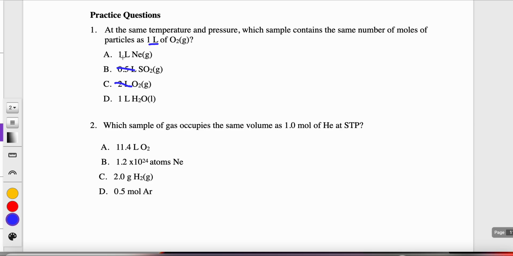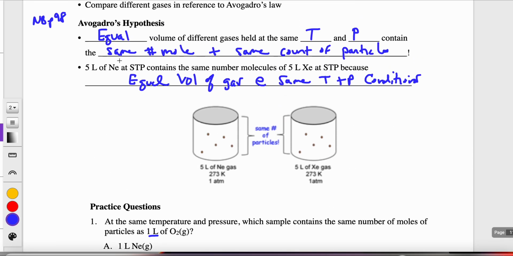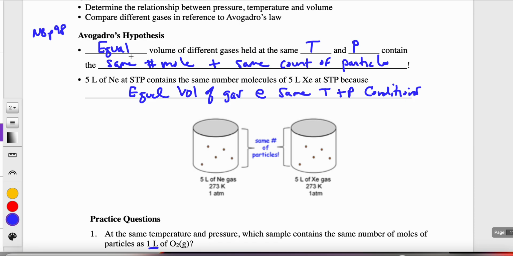So when you have 2 answers that look like they could both be legit answers, you've got to take a look at all of the other information. So Avogadro's hypothesis says equal volumes of different gases.